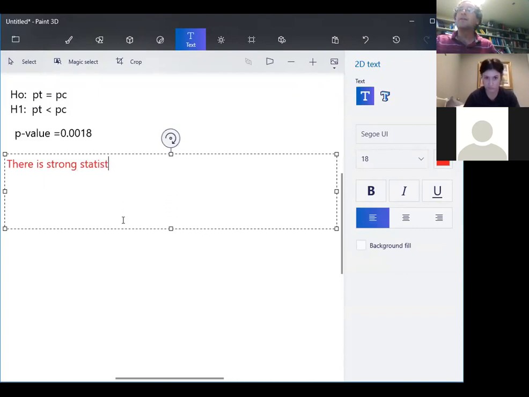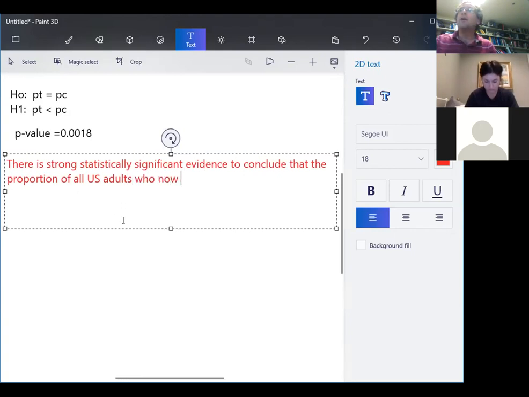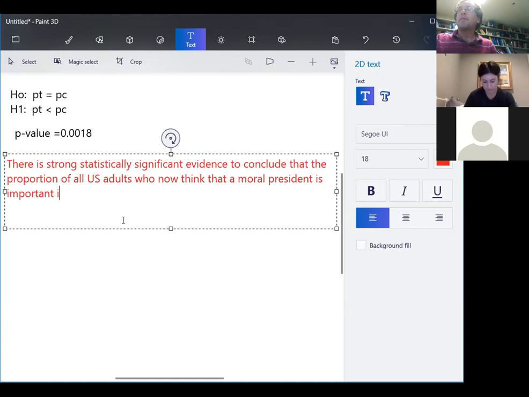Statistically significant evidence to conclude that the proportion of all Americans, or US adults is what they called it, who now think that the president having morality is important, or a moral president is important, is smaller.